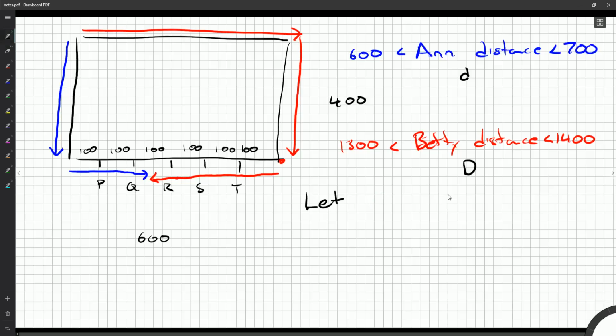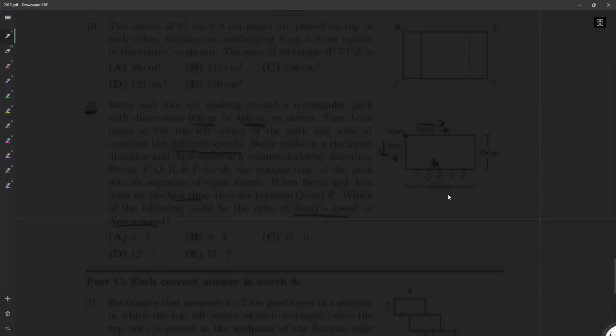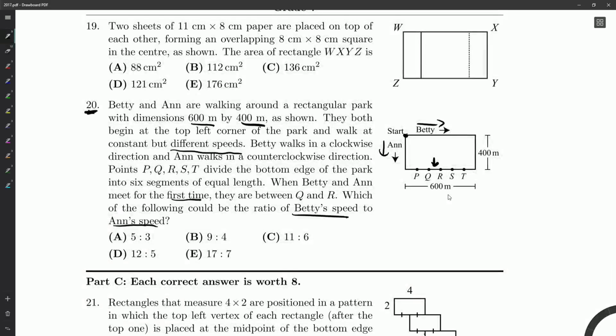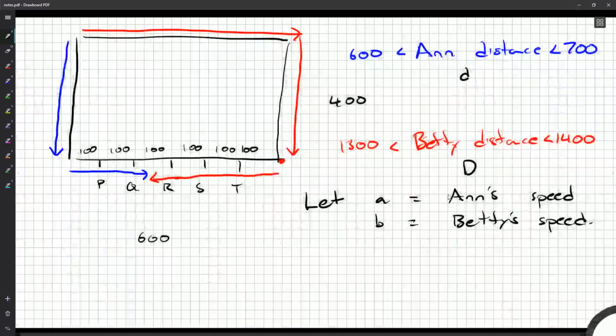How about we use A for Anne's speed and B for Betty's speed. Now we want the ratio of Betty's speed to Anne's speed, so that's like figuring out this fraction B over A.